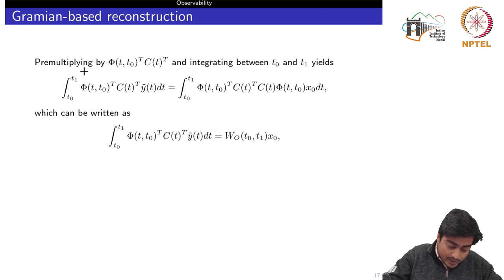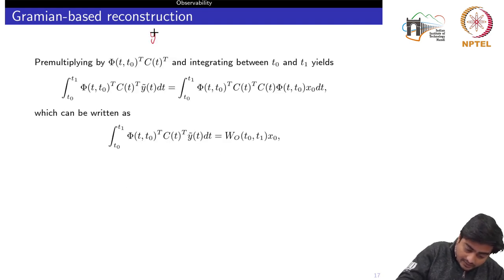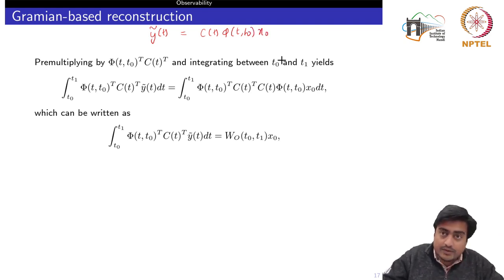Okay, so we will pre-multiply by this term, where phi is the state transition matrix and C is the output matrix. Let's write that here once again so that there is no confusion. We have y tilde, okay, this is the equation we had obtained.